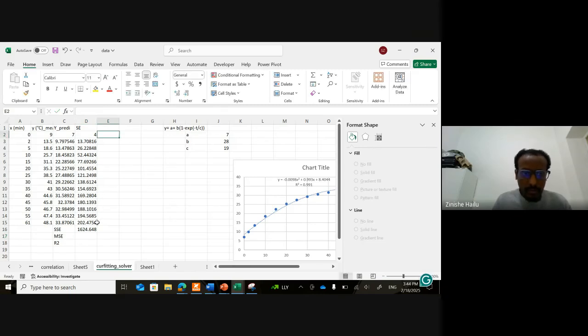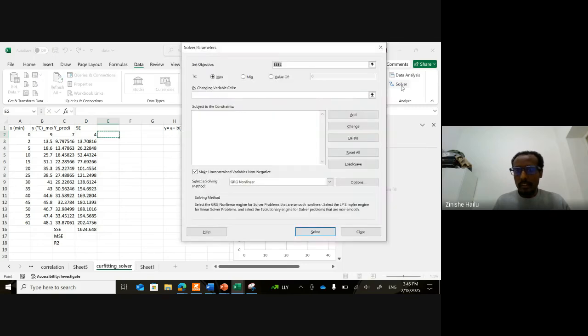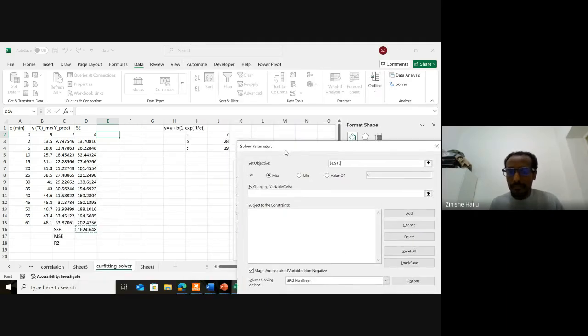First, I will show you how to minimize this one. We go to Data and then Solver. Here we have to set the objective. Our objective is this variable, we have to minimize this error, by changing what? By changing these variables.